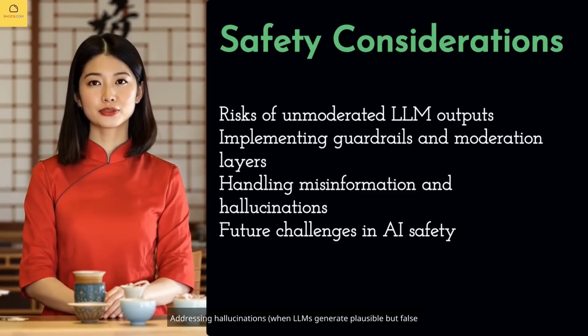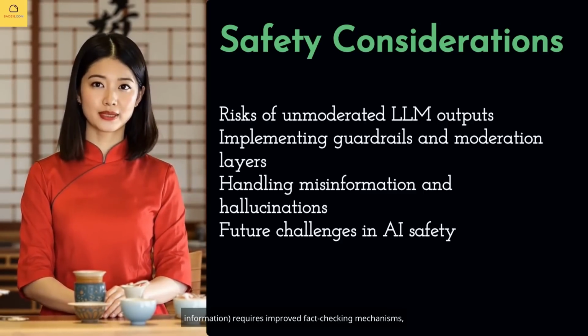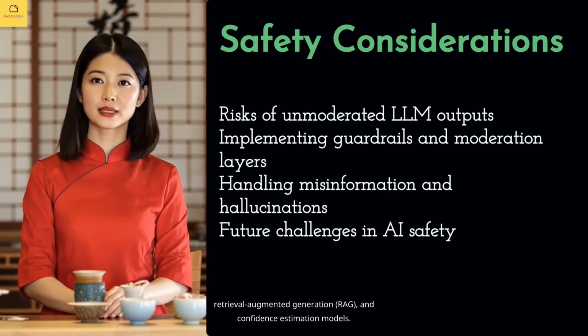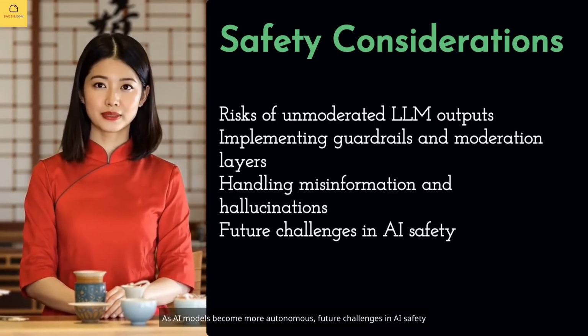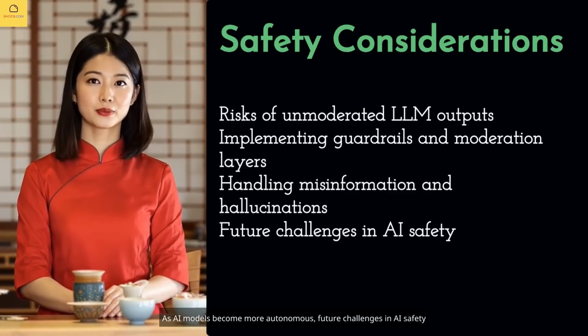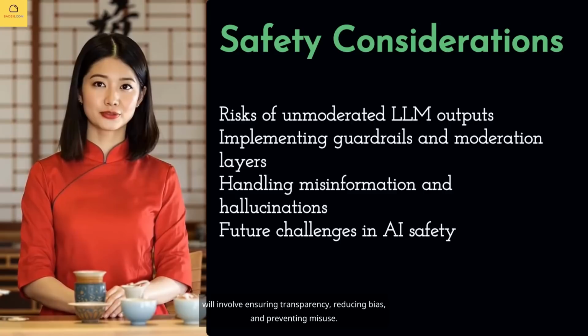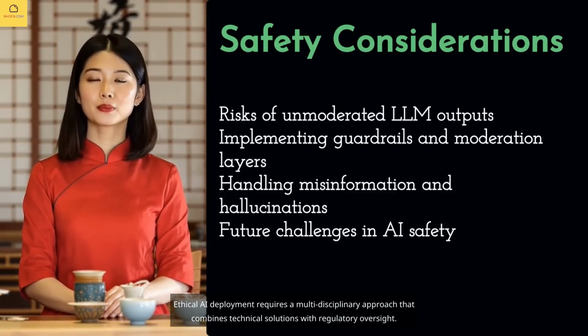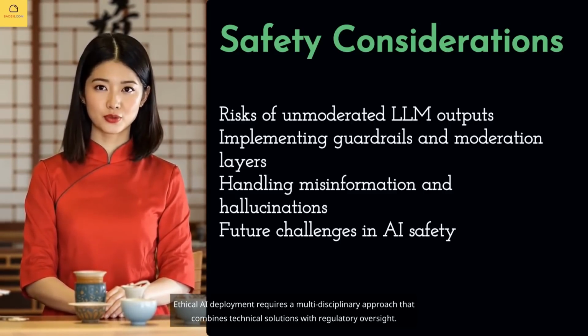Addressing hallucinations when LLMs generate plausible but false information requires improved fact-checking mechanisms, retrieval-augmented generation (RAG), and confidence estimation models. As AI models become more autonomous, future challenges in AI safety will involve ensuring transparency, reducing bias, and preventing misuse. Ethical AI deployment requires a multidisciplinary approach that combines technical solutions with regulatory oversight.